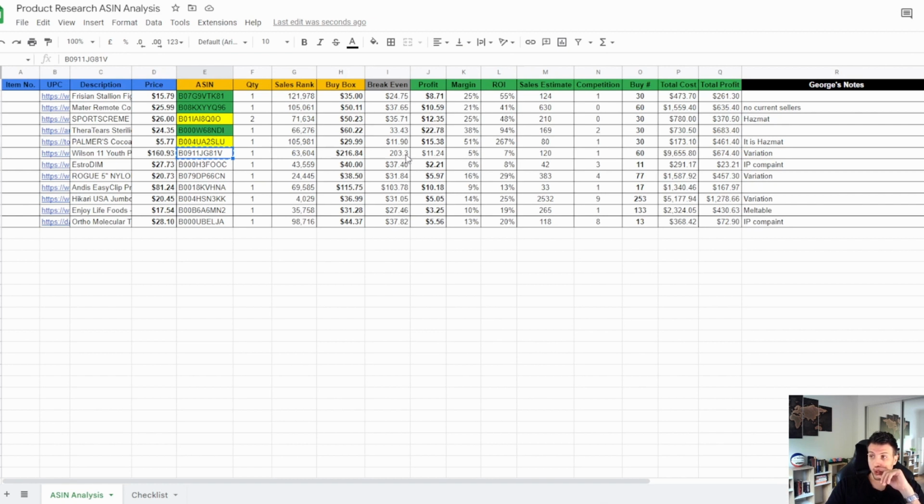Our break even is $203.30, and there's only $11 worth of profit. So the profit is very low. I would not consider it based on the profit, but let's just have a look at the variation aspect to it and then consider some things.